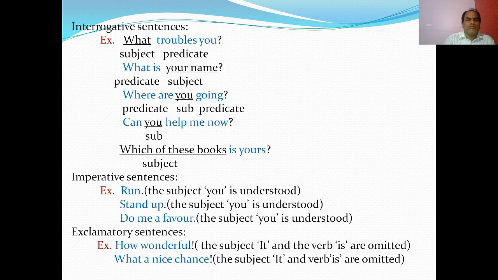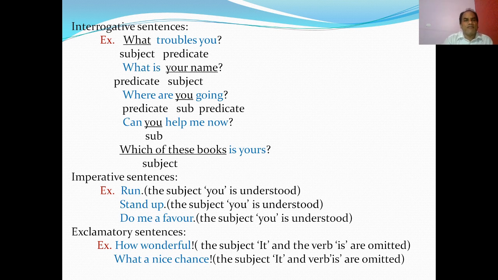What troubles you? You see, what is the subject and the rest part, troubles you, is the predicate. If we make its answer, this bike troubles me, or this bike troubles you, so this bike is the subject.